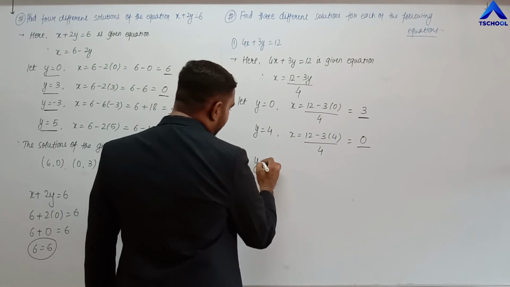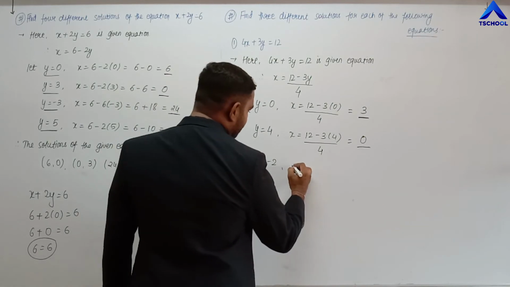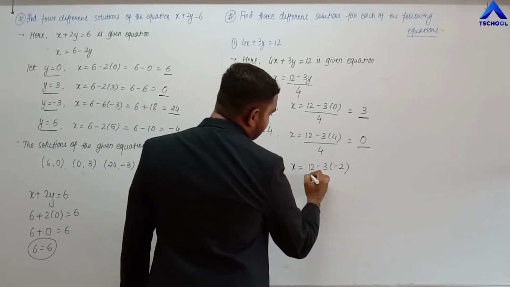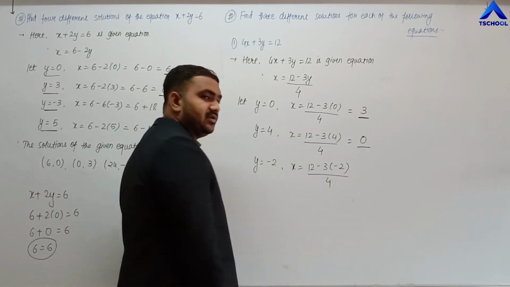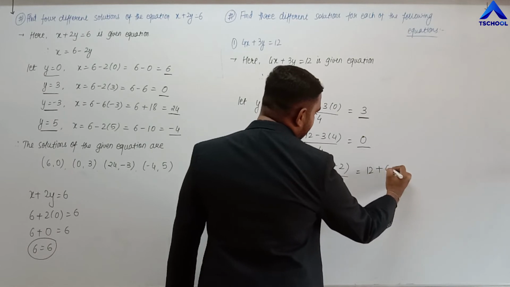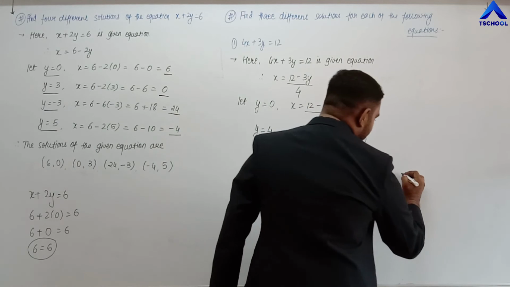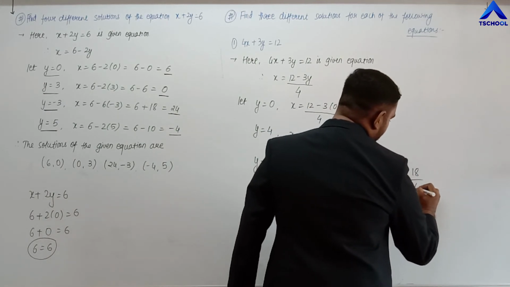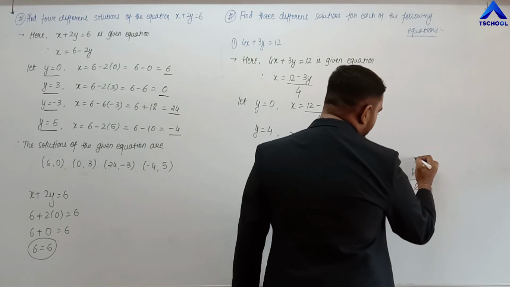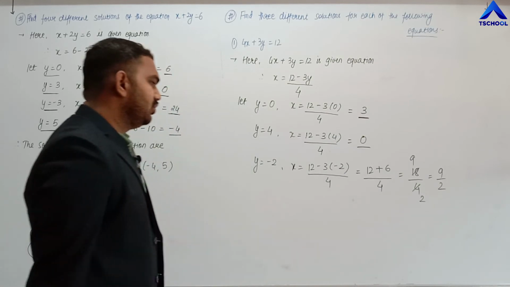And if we take y equals minus 2, so that is x equals (12 minus 3 into minus 2) upon 4. Minus minus is plus, so that is (12 plus 6) by 4, that is equal to 18 upon 4. You can cancel out the common term 2, and that gives me 9 upon 2.